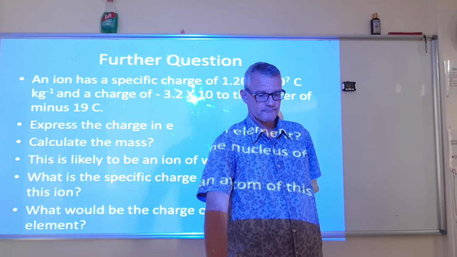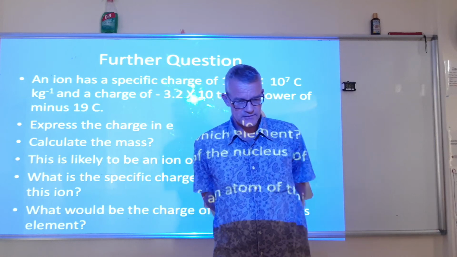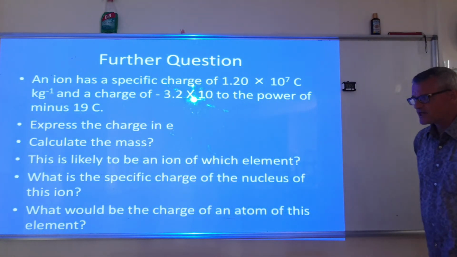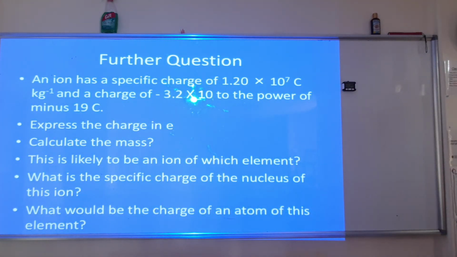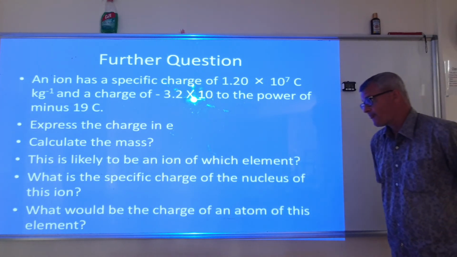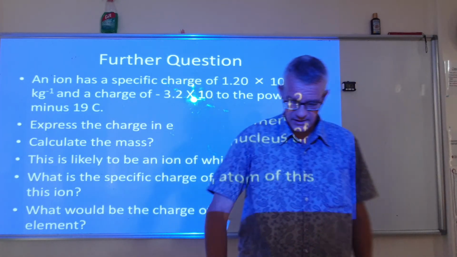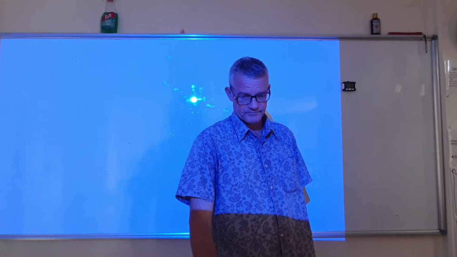We're not going to do this, but you can do that for yourself. You could actually find the charge, the mass, and whether it is an ion, of which element. Yeah, we're not going too deep into this, okay?